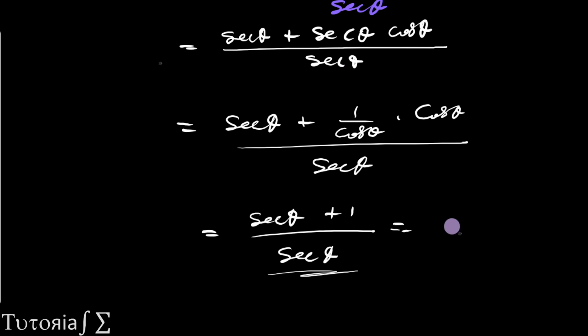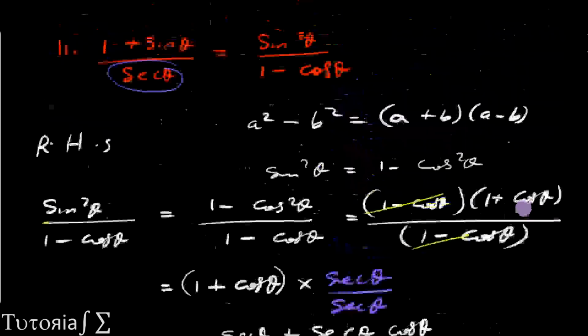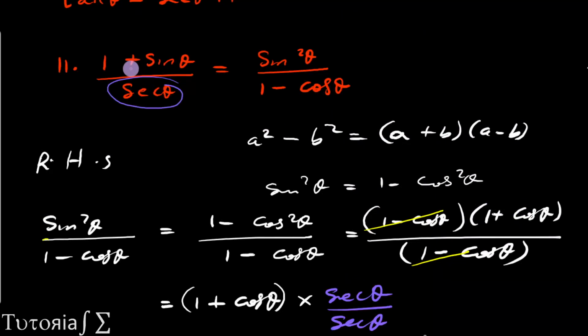Okay, so for this one we had this identity: 1 plus sine theta over sec theta equals sine squared theta over 1 minus cos theta. So what we did is we started with the left hand side. So we say this is sine squared theta over 1 minus cos squared theta.